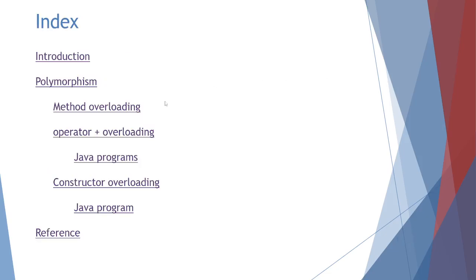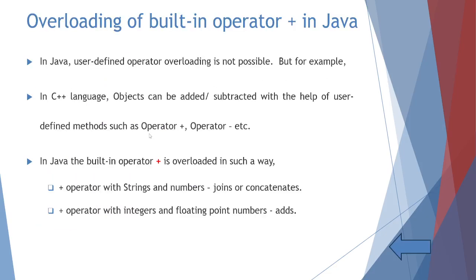Now, operator plus overloading. User defined operator overloading is not possible in Java. But in C++ language, objects can be added, subtracted with the help of user defined methods such as operator plus, operator minus.